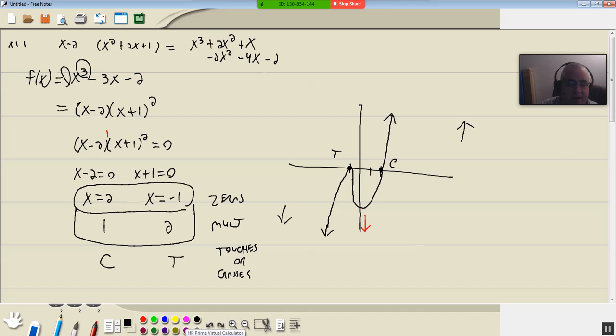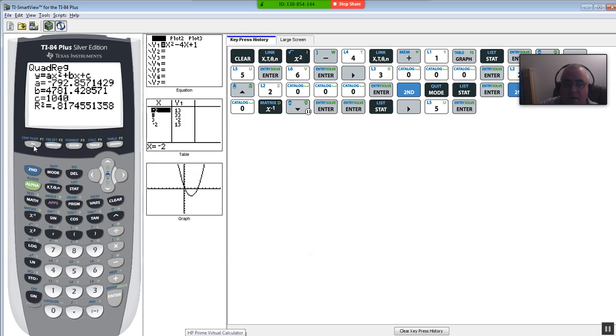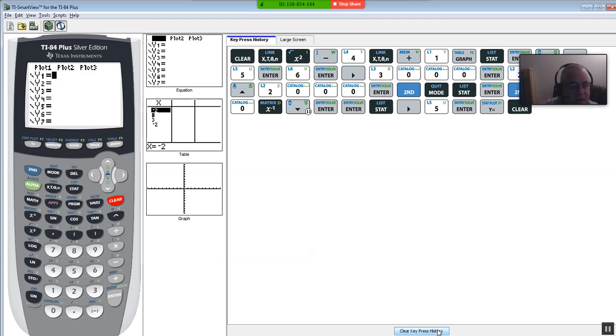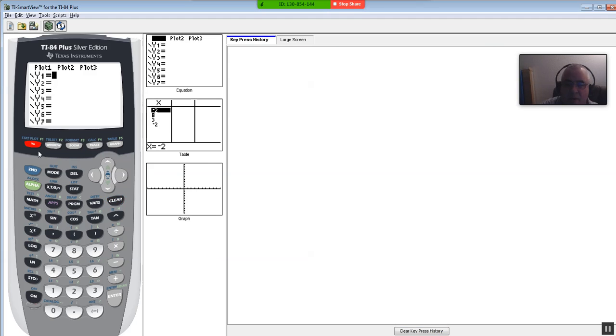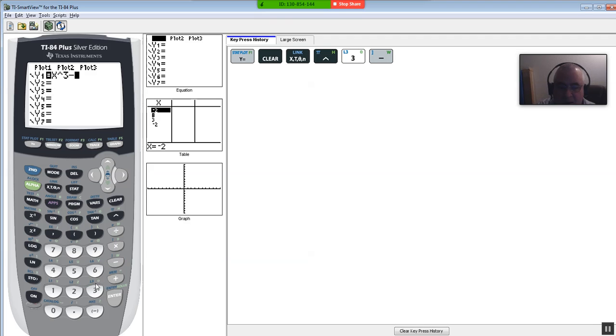Now, if I were to graph that on the calculator, I go to y equals, clear, x to the third minus 3x minus 2, and then graph.